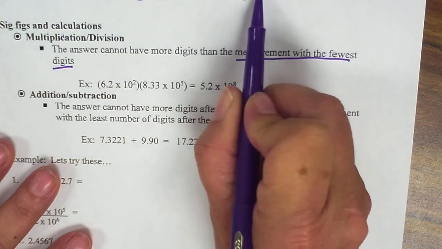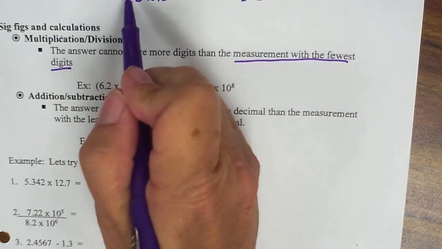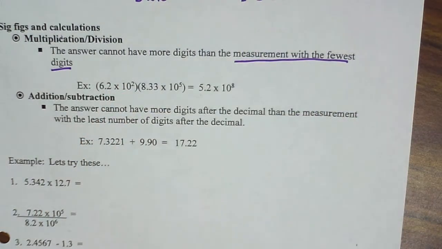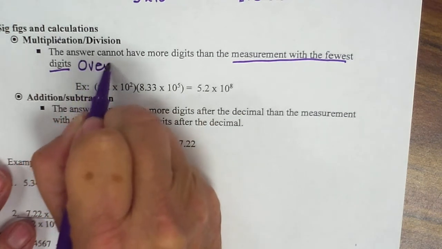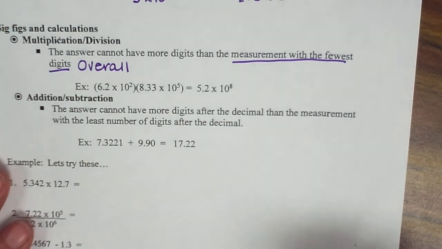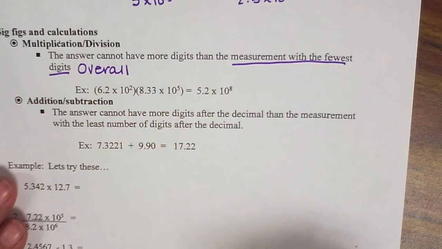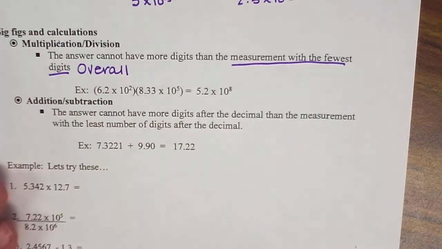Your answer can't have more than two digits. Bam! This one is now more precise than this one. There you go. That's how it works, all right? So we say overall, for multiplication and division, the answer cannot have more digits in it, more significant figures in it, than the fewest digits overall, okay?